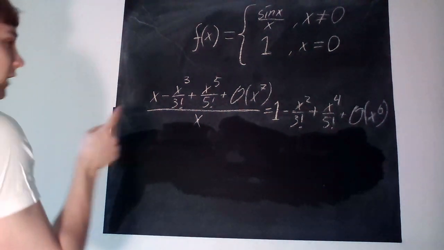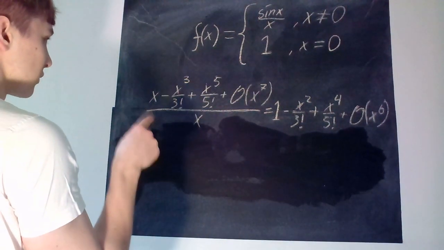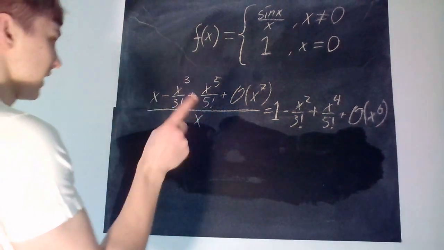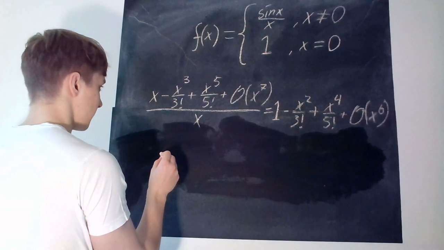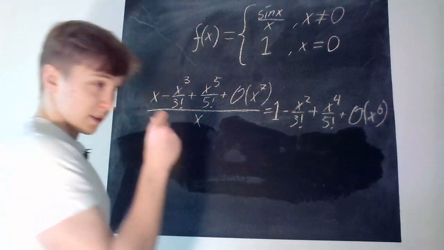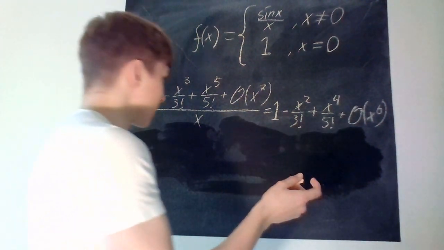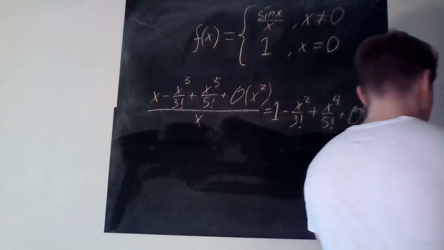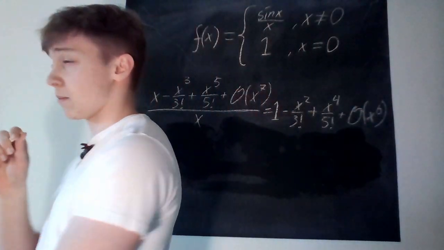Or the error term for the Taylor polynomial of degree 5 of sine of x. What would that be? Well, we have the 7th derivative of sine, and what would that be?